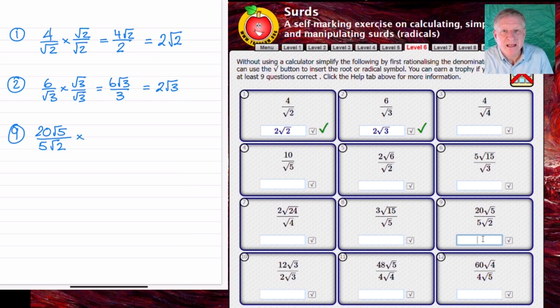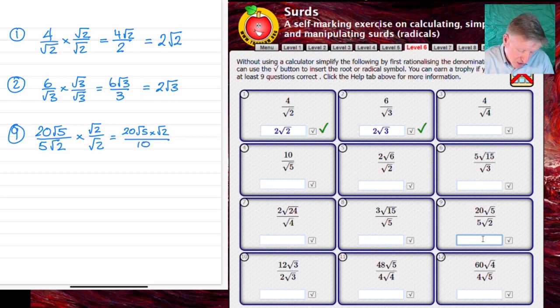Now to make the denominator not irrational, I multiply by another root 2. So I'm going to multiply this by root 2. And then on the top of the fraction I've got 20 root 5 times root 2. And on the bottom, root 2 times root 2 is 2, times 5 is 10.